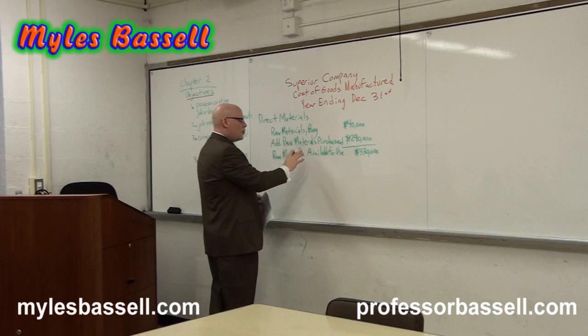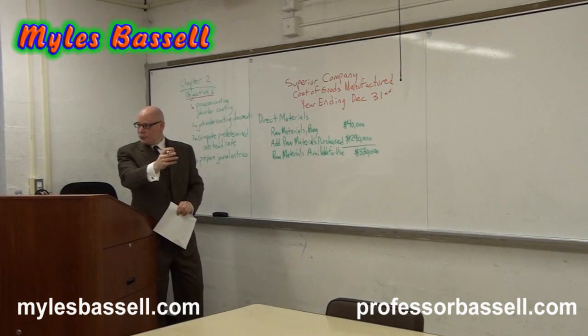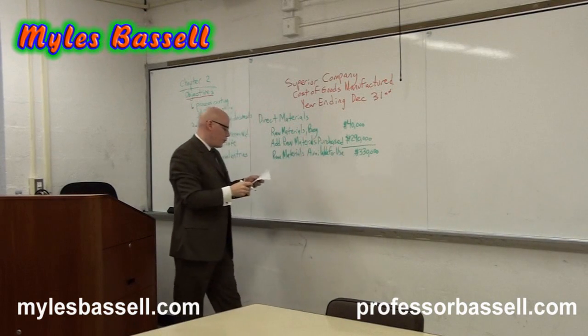So this is how much raw materials we have on hand to make product. We started with 40,000, we purchased 290, now we have 330,000.